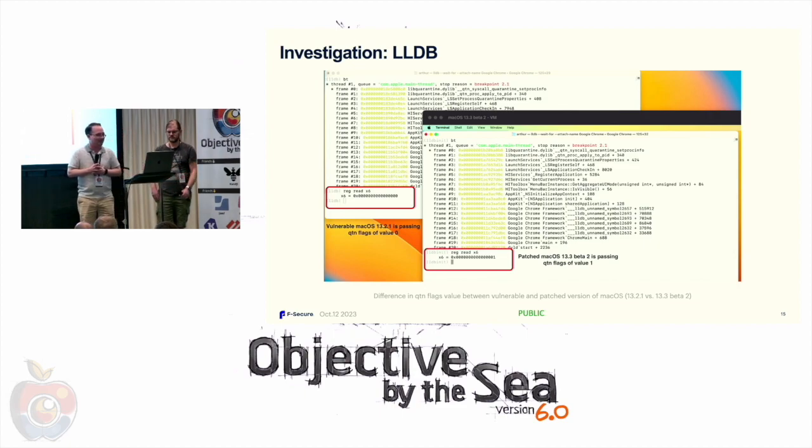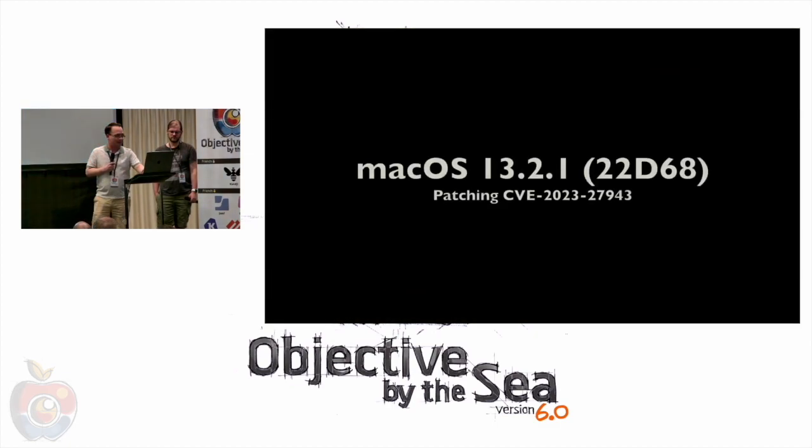So we decided to follow this trail further. Our theory is that this was the way Apple fixed it, by making sure that the flags are passed to the kernel. But to prove our theory, we can do the following.